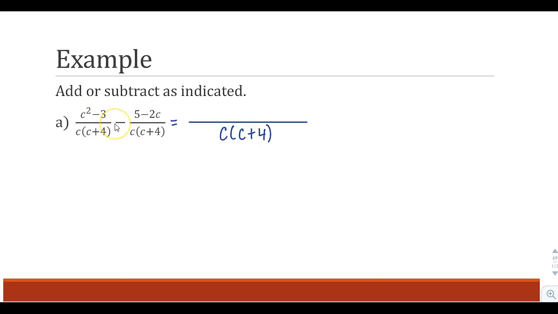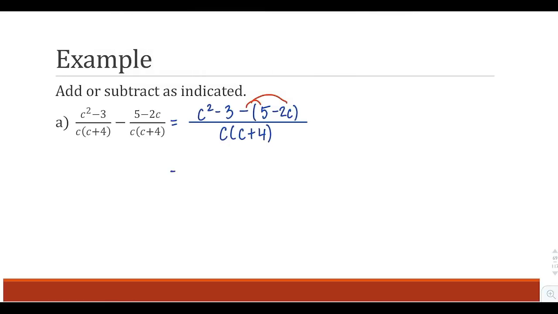and then in the numerator we'll have c squared minus 3 minus, we're subtracting these two terms, so it needs to stay in parentheses, 5 minus 2c. And now it's a matter of simplifying. So in the numerator, I am going to distribute the negative to both terms.